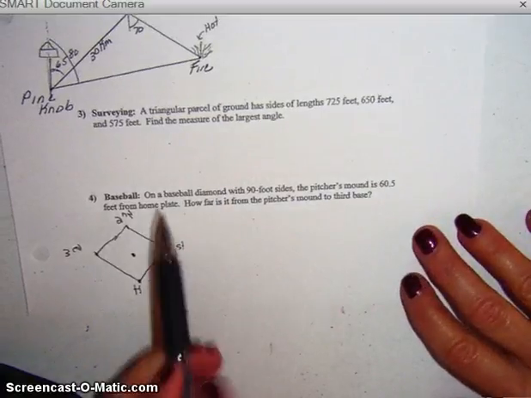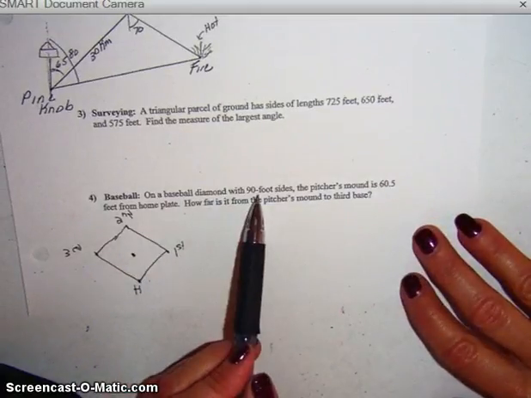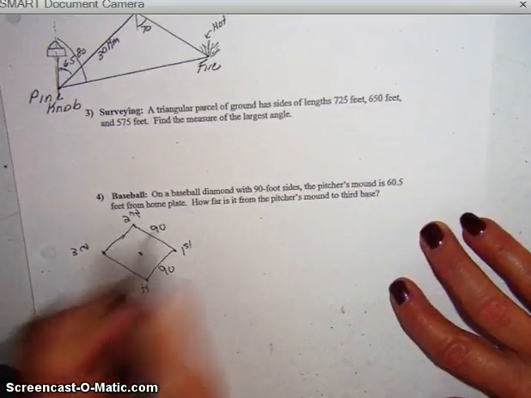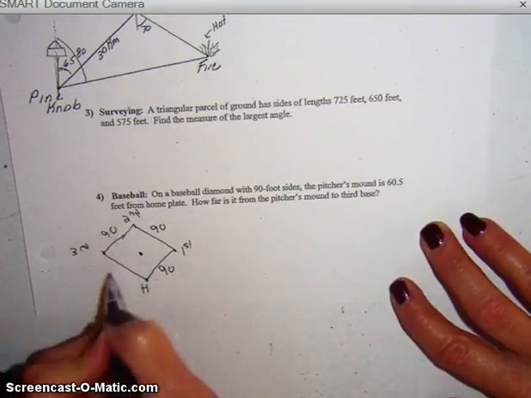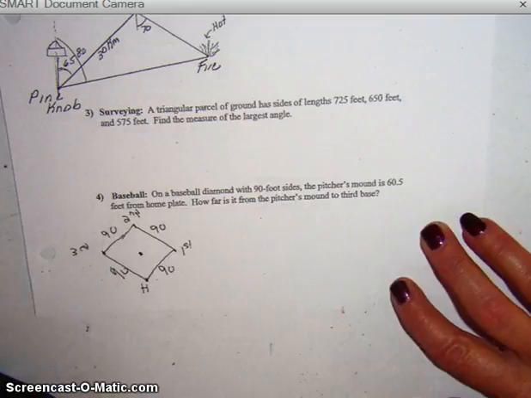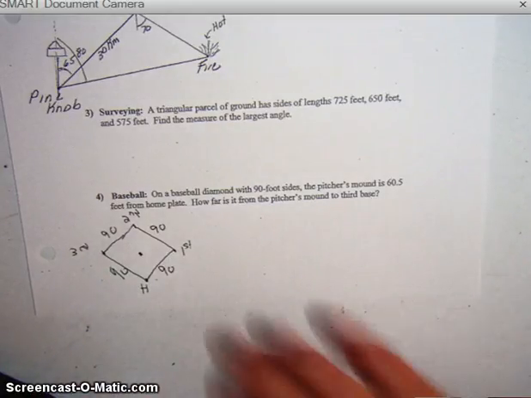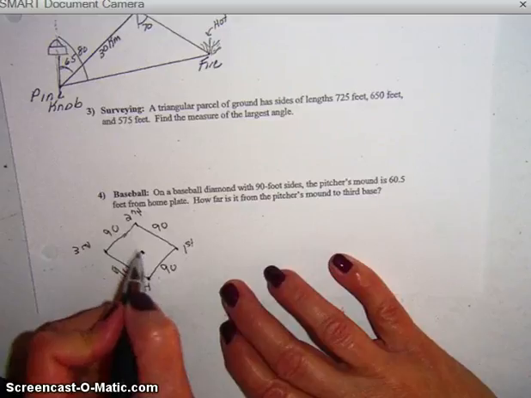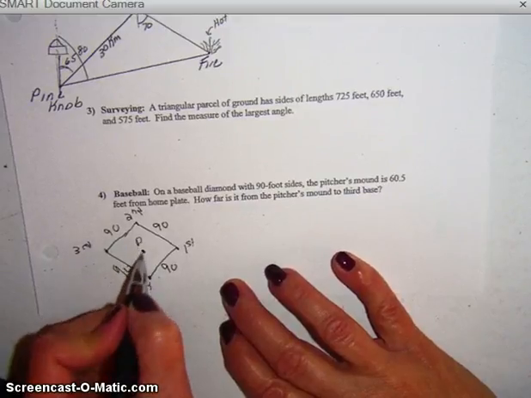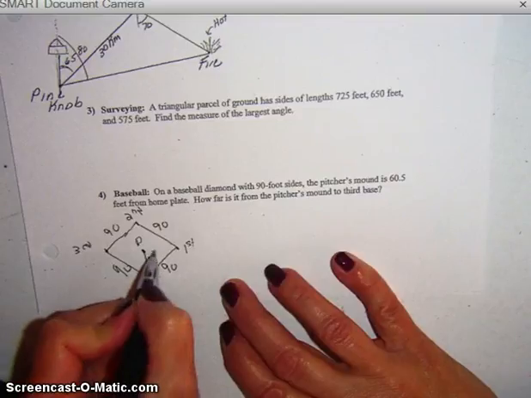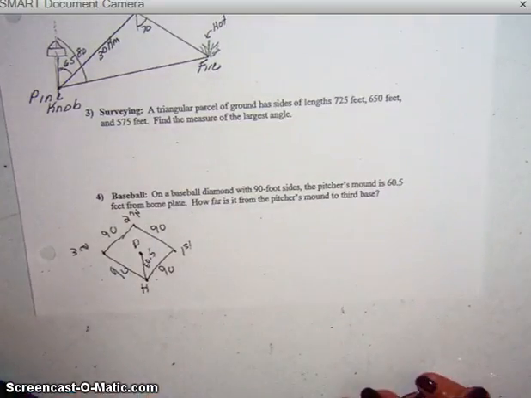I'll ponder that. On a baseball diamond with 90-foot sides. All right, put in your sides. The pitcher's mound is 60.5 feet from home plate. So here's the pitcher's mound, P, and it's 60.5. How far is it from the pitcher's mound to third base?